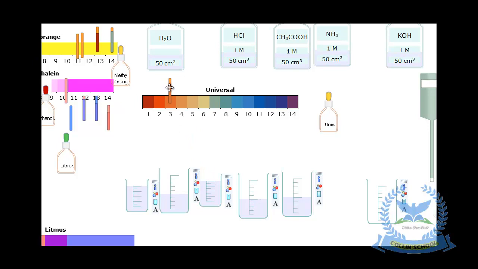As you can see, this matches with 4, meaning that this is weakly acidic. Is it 4 or 3? This is ethanoic acid, so theoretically we know that it should be weakly acidic, and it gives us around 4 there, the pH value of 4.